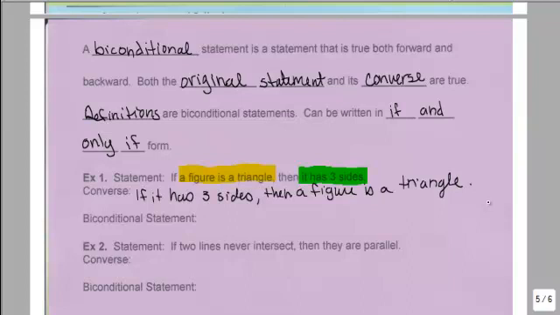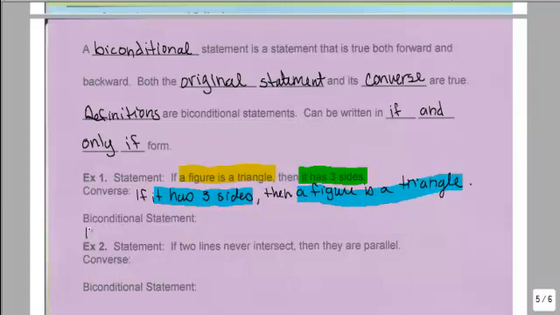That is 100% true. All three-sided objects are triangles. So what we're going to do for the biconditional is our biconditional will say it has three sides, and instead of then we're going to write if and only if a figure is a triangle.